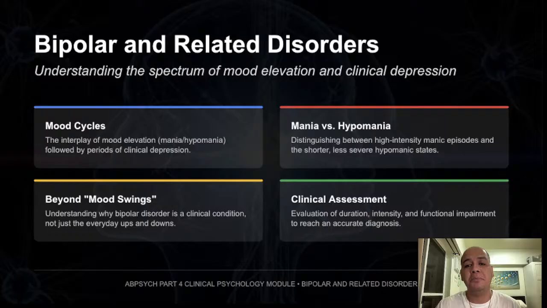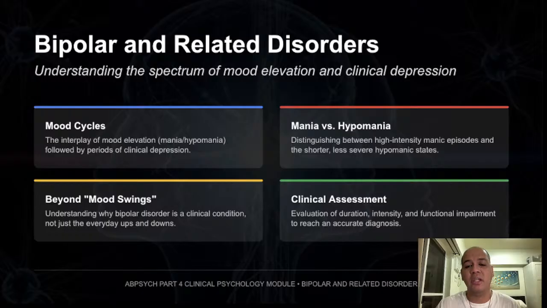This is important because bipolar disorder is one of the most casually misused terms in everyday life. Someone is cheerful in the morning and irritated in the afternoon, and suddenly people say, maybe I'm bipolar. Okay, that's not how bipolar disorder works. So please, clinically, bipolar disorders involve more distinct and significant shifts in mood, energy, activity, and judgment.